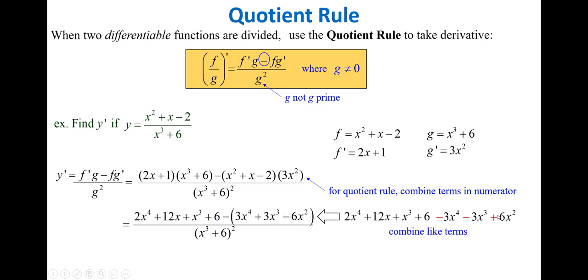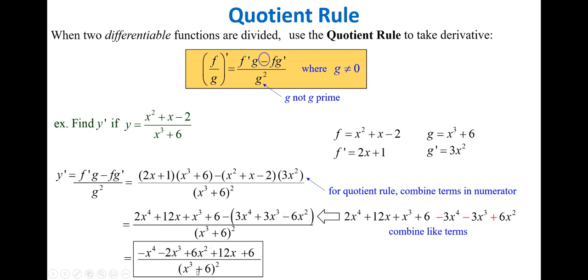Then combining like terms, the numerator becomes negative x to the 4th minus 2x cubed plus 6x squared plus 12x plus 6, and that's all over x cubed plus 6 squared.